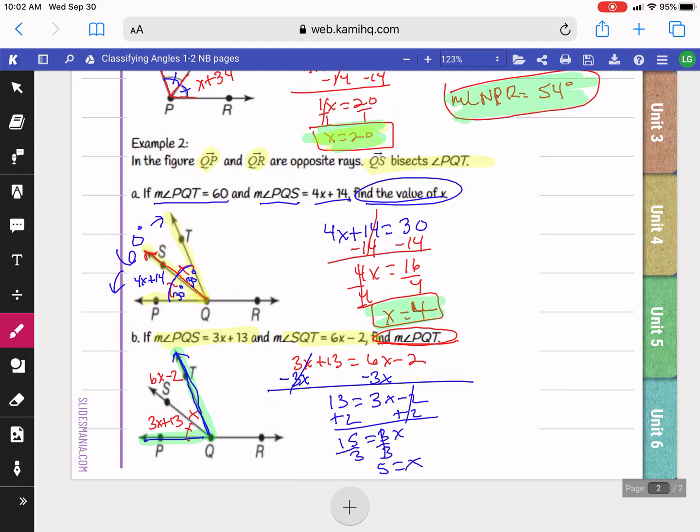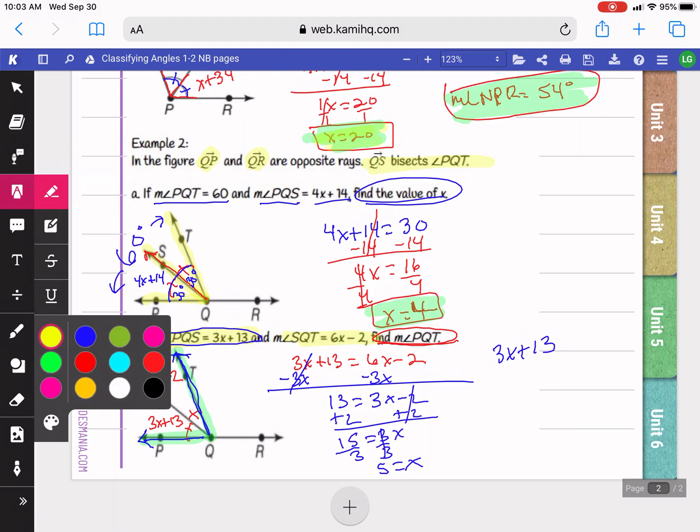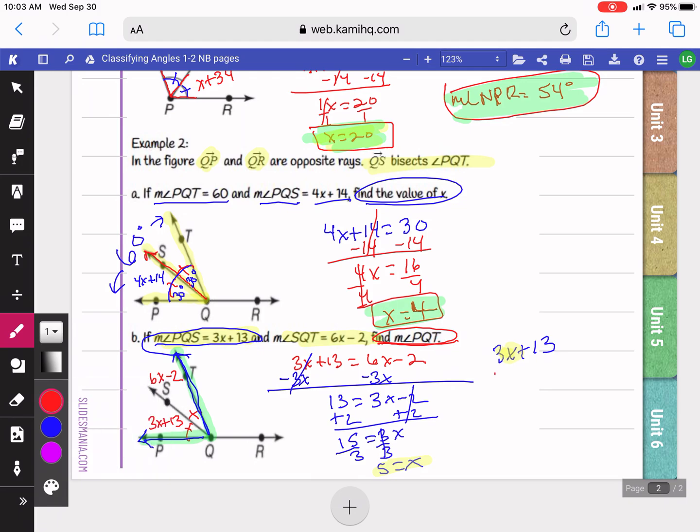There are different ways we can find that. You could find the measure of one of the angles, and then since they're equal, we could add those angles together. So I'm going to plug this into angle PQS, the 3x plus 13, and our answer for x was 5. So for x, I'm going to put a 5. So we get 15 plus 13, or 28 degrees.